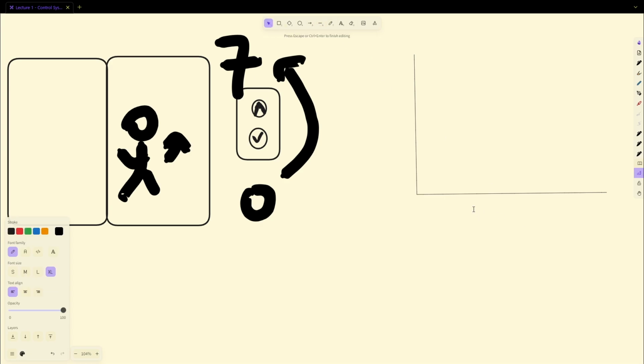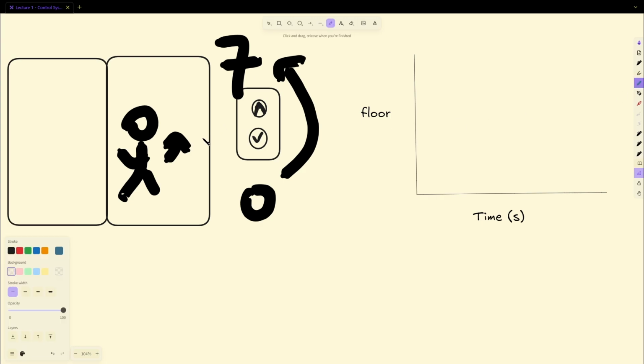On the x-axis, we are looking at the time, right? On the y-axis, we are looking at the elevation location, so which floor this person is in.